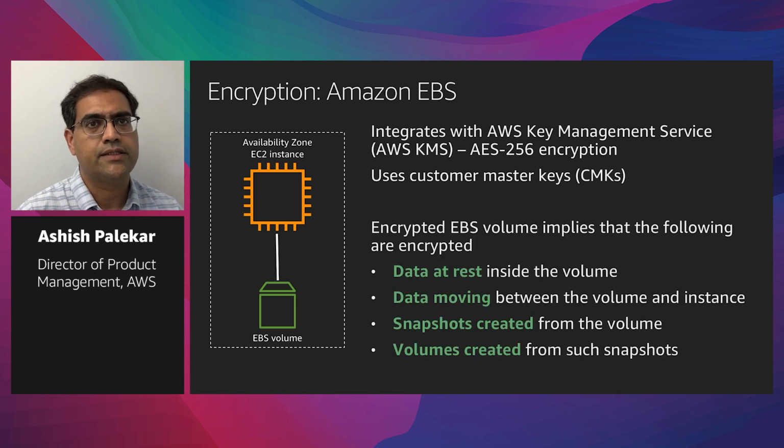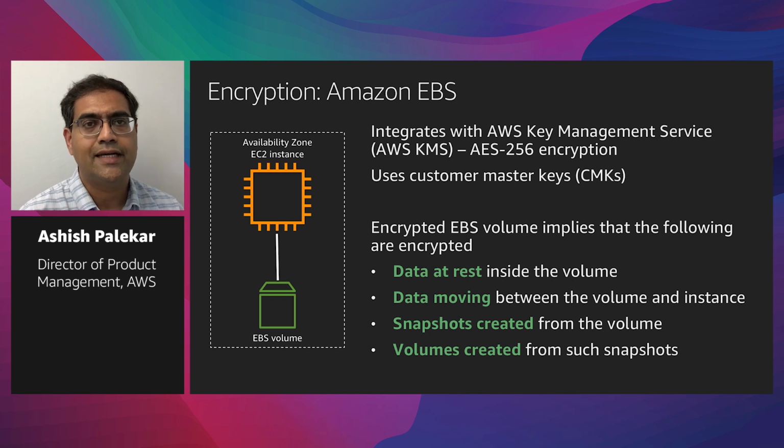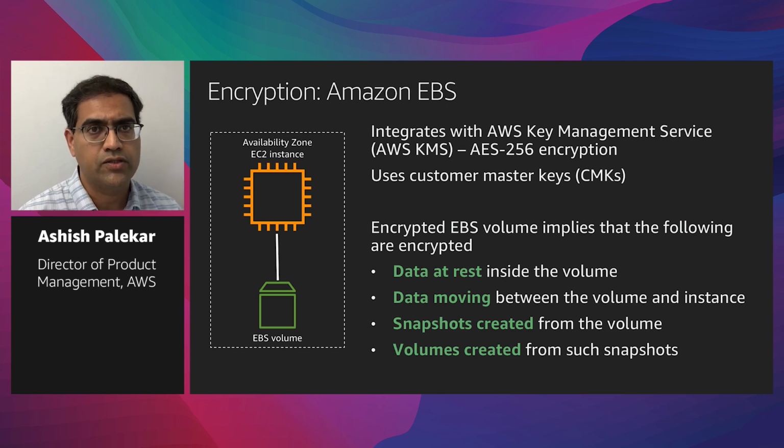Encryption has some interesting side benefits. If you encrypt an EBS volume, then data at rest is encrypted. Data in transit between an instance and a volume is encrypted. Snapshots created from that volume are encrypted. And then volumes that are created from such snapshots are also encrypted.